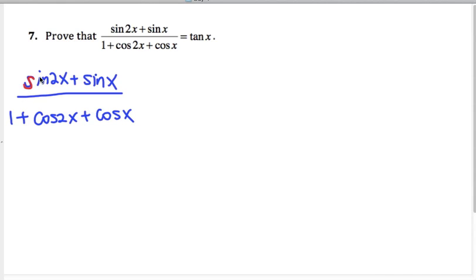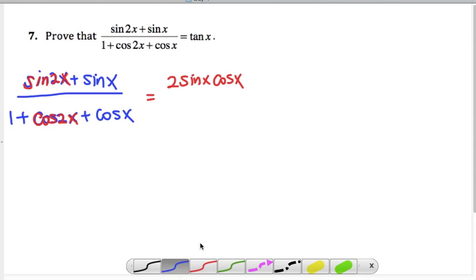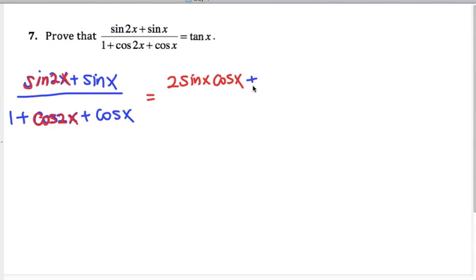I'm going to change this sine of 2x, and in the denominator I'm going to change cosine of 2x. So first, sine of 2x is 2 sine x cosine x, plus sine x.